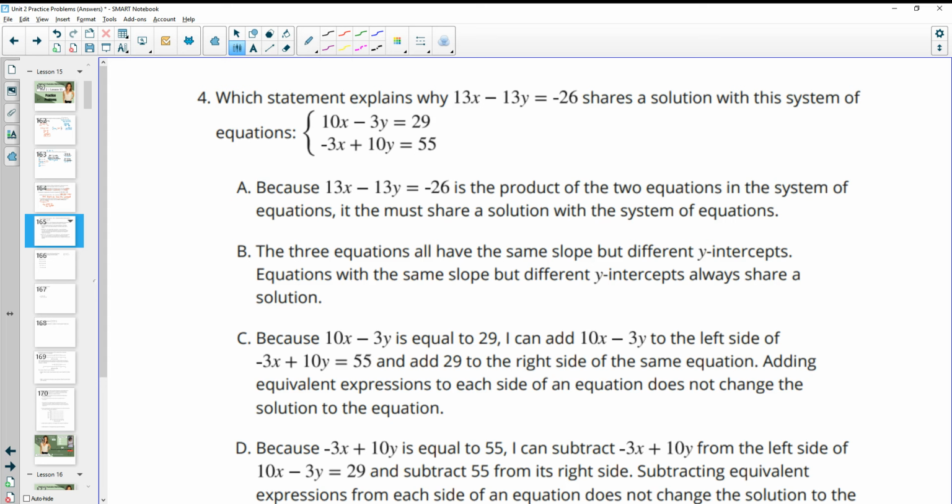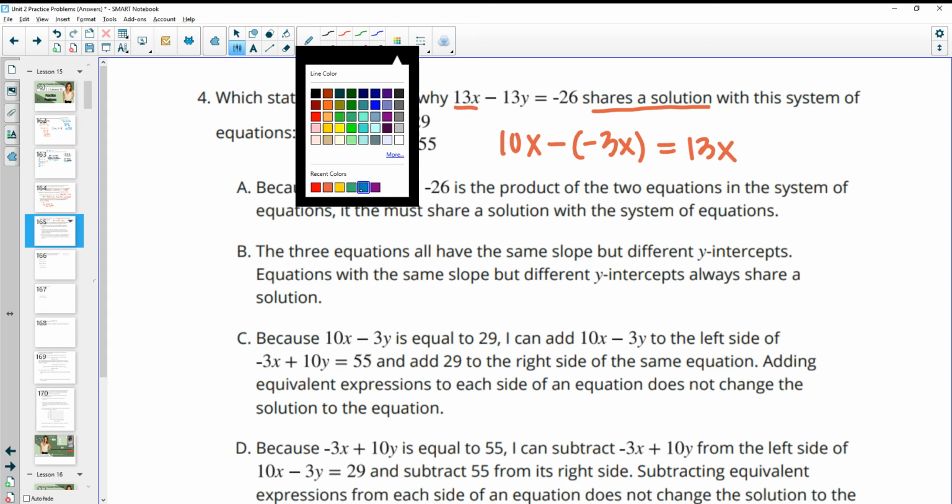Number 4, which statement explains why 13x minus 13y equals negative 26 shares a solution with this system? And so how do we know that? If we look, how do we go from 10x and negative 3x to 13x? This is through subtraction, because 10x minus negative 3x gives us 13x.